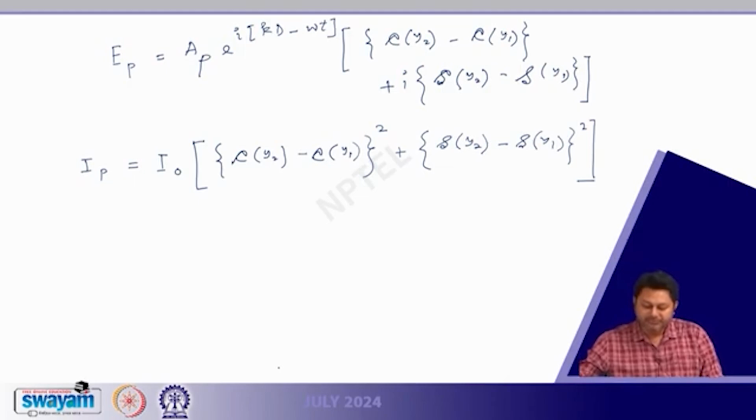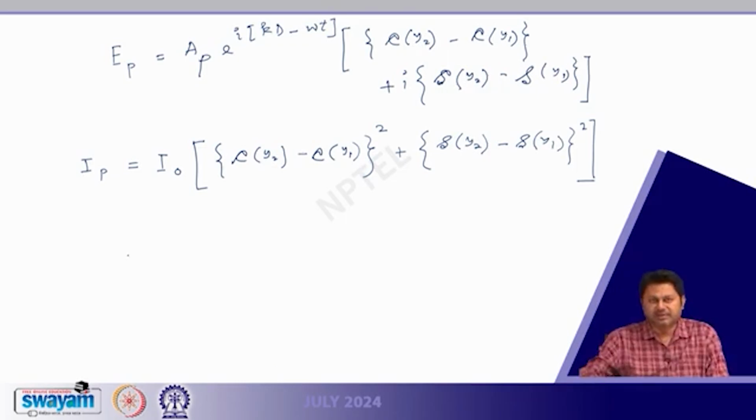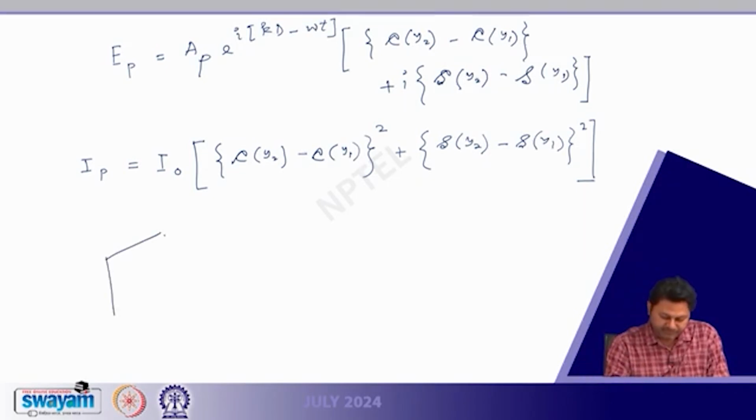So, we finally figure out, but we do not have much time to discuss more about this. In the next class we will exploit this and try to understand a few more things about this aperture. So, what we get is the intensity distribution for this aperture, whatever the aperture we have.